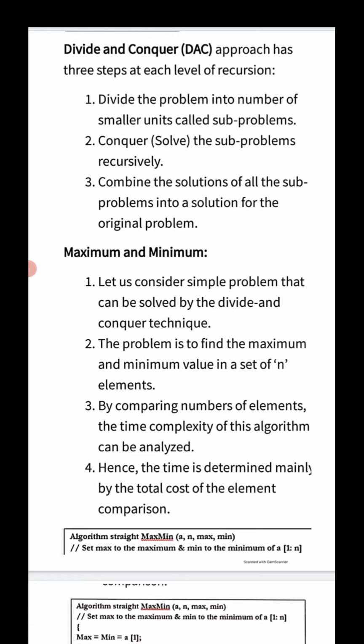And the fourth step: since the time is determined mainly by the total cost of the element comparisons, that is the last step here. This is the concept of finding the maximum and minimum element by using the divide and conquer technique.